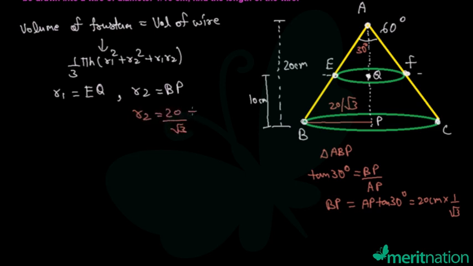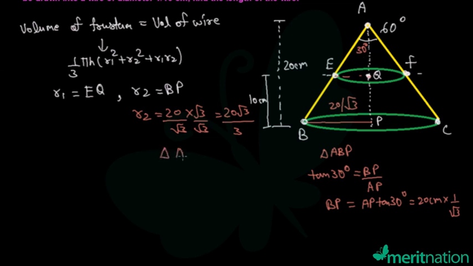We can also rationalize this by multiplying by root 3 over root 3, so 20 root 3 by 3. This is the value of R2. Now similarly, we have to find the value of R1 as well, which is the value of EQ. In order to find EQ, we can consider another triangle.